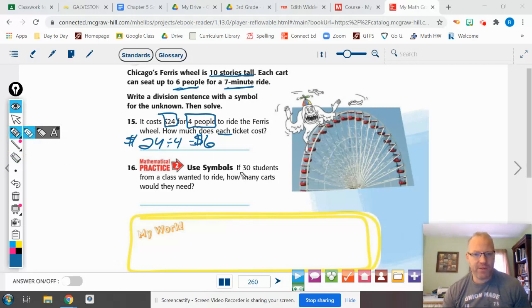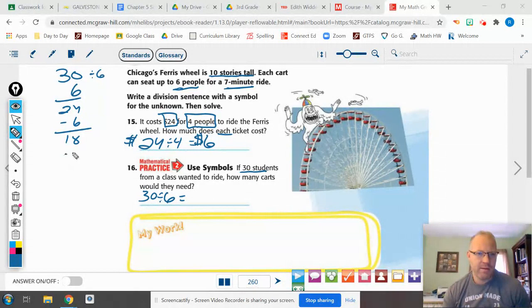Next we have, if 30 students from a class wanted to ride, how many carts will they need? So how many people can each cart hold? Each cart can seat up to 6 people. So we have 30 divided by 6. 30 minus 6 is 24, minus 6 is 18, minus 6 is 12, minus 6 is 6, minus 6 is 0.